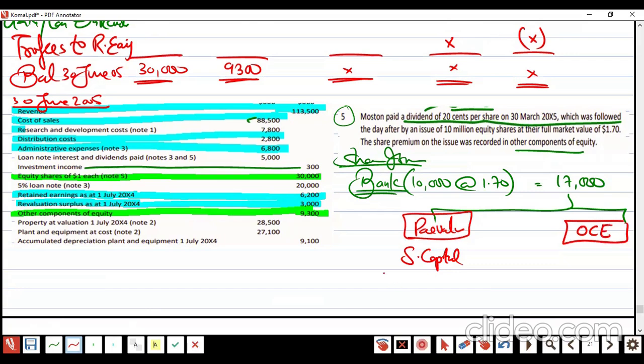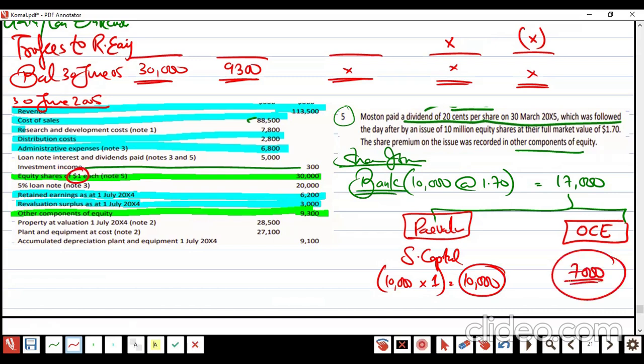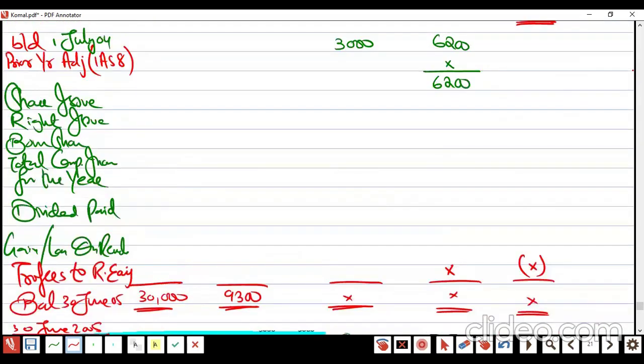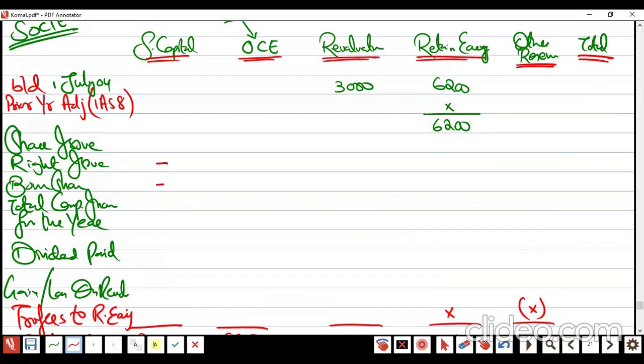The par value in this question is $1. So $1 into 10,000, the 10,000 will be part of the capital and the remaining 7,000 is part of premium, right? We don't have any rights issue or bonus issue, but we do have a share issue, which has an effect of 10,000 here and 7,000 here.